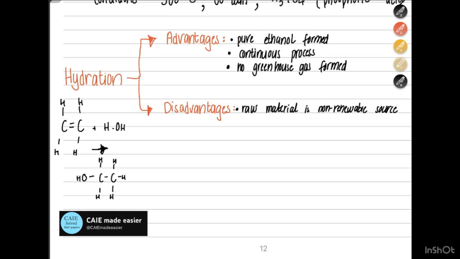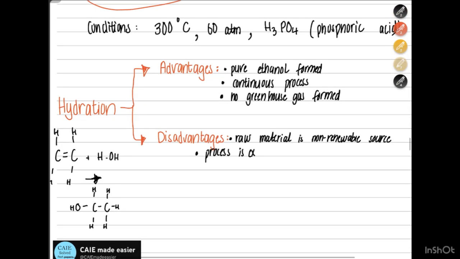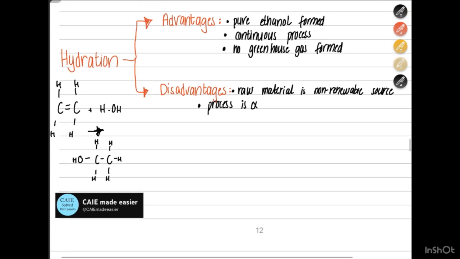The process is expensive because it requires a very high temperature, right? It needs to be 300 degrees Celsius, whereas fermentation occurs at 37 degrees Celsius, which is very low comparatively. It's expensive, more energy required.